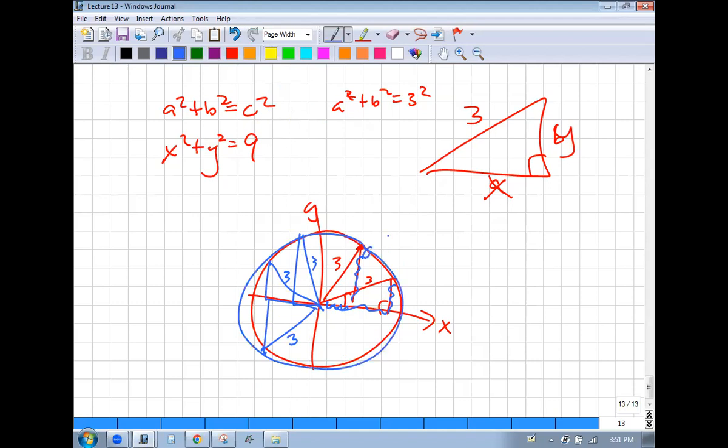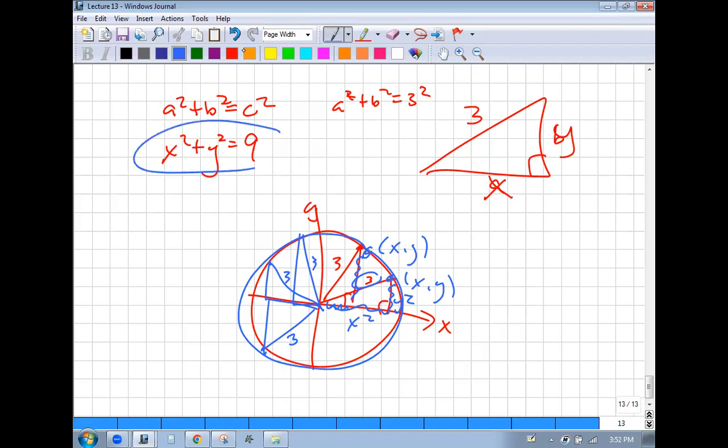Each point is an x and a y, and no matter what that x and y is, x squared plus y squared is equal to 3 squared. So it's not a big leap from a triangle to a circle, except a circle really is a collection of an infinite number of right triangles, mathematically. Does that make sense?